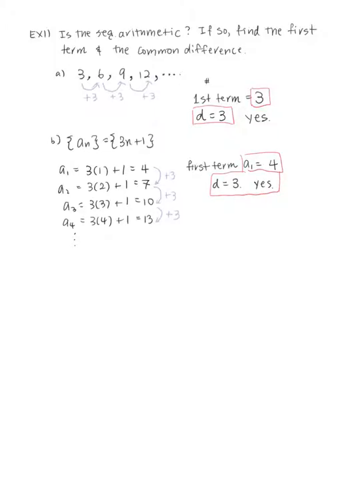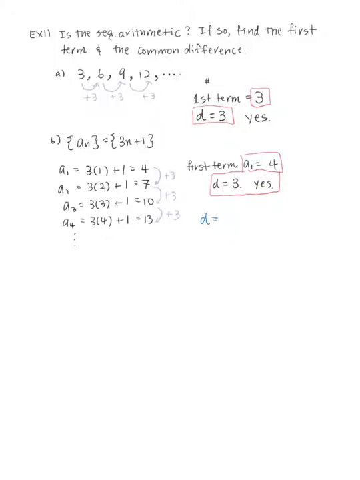Okay, now let's try to look at this in a little bit of a different way. Our a sub 2 is 7, and a sub 1 is 4. So 7 minus 4 gives us 3, right? And the difference between a sub 3 and a sub 2, 10 minus 7, that's 3. So in fact, isn't this what we're doing?